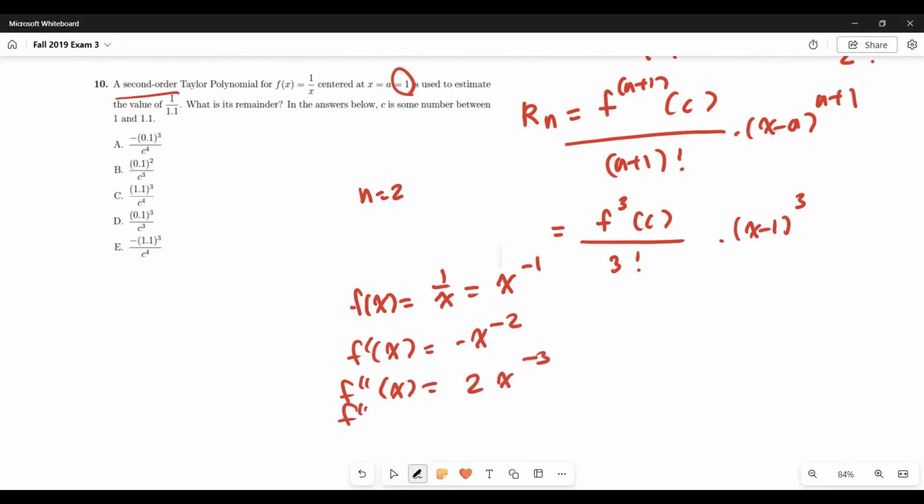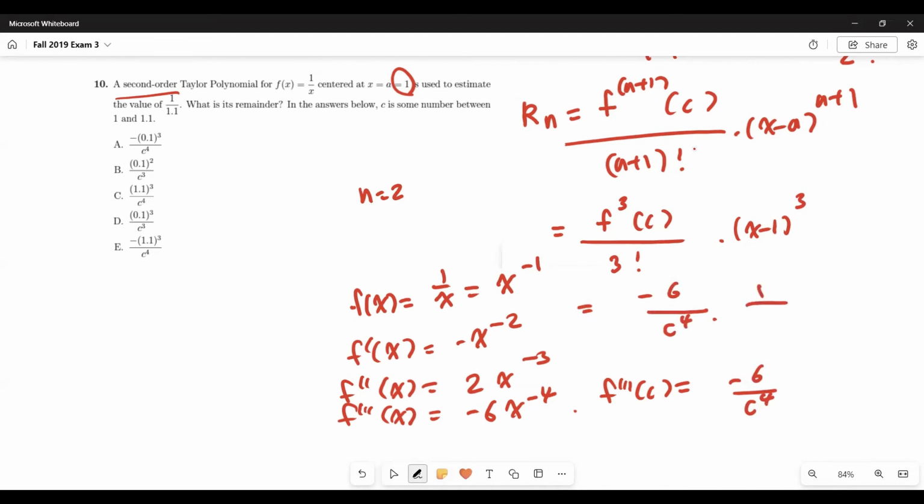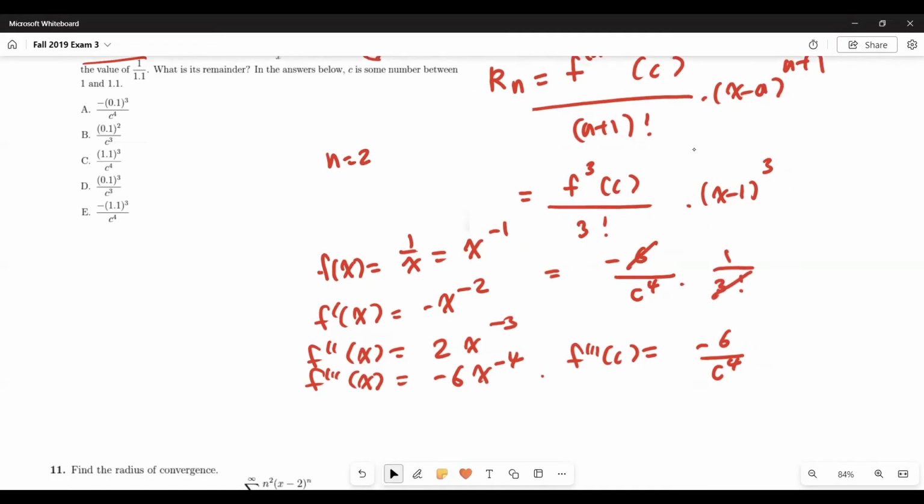And the third derivative of that would be -6x^(-4). So the third derivative at c is -6/c^4, and then multiply by 1 over 3!. 3 factorial and 6 cancel out, because 3 factorial is the same as 3 times 2 times 1, which is 6, and then we add (x - 1)^3.